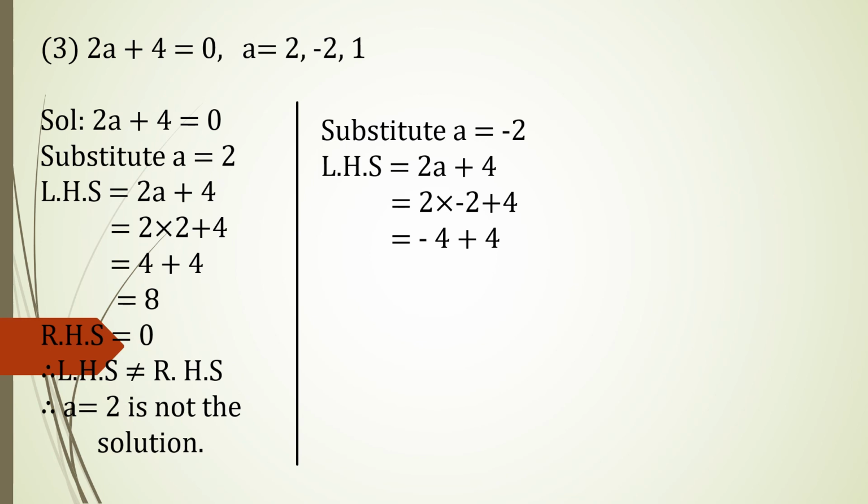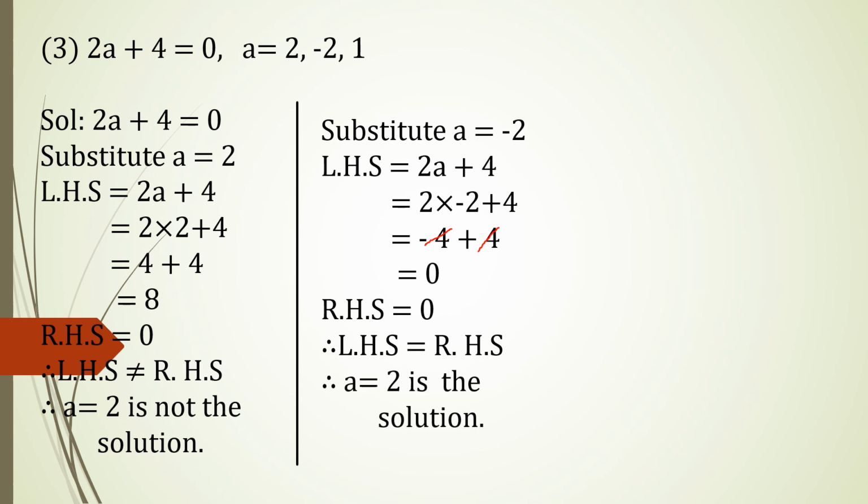Now student, minus 4 and plus 4 have opposite signs, so this will cancel, yes or no? This will cancel, so the answer will be 0. Our right hand side is also given as 0. So your left hand side is equal to the right hand side. Therefore, student, you'll write down a equal to minus 2 is the solution.